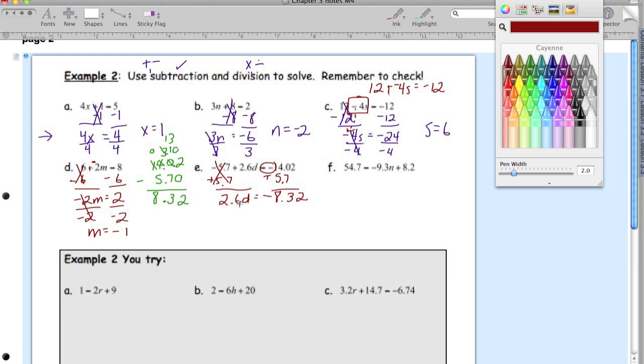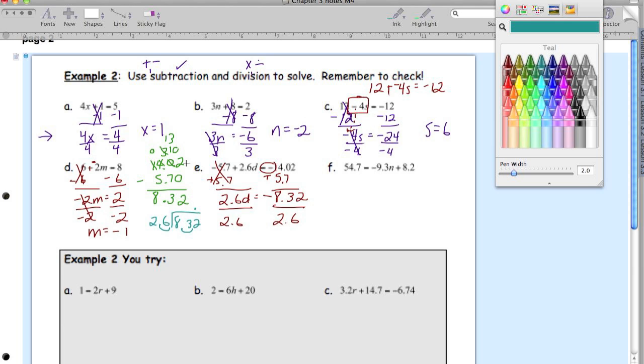Now these two numbers are being multiplied, so I do the inverse and I divide. Divide by 2.6, divide by 2.6, which I'm also going to have to do some scratch work for. So 8.32 divided by 2.6. If we have a decimal point outside, we need to move it 1 inside, and then accordingly on the inside. So 1 over, 1 over, and then it comes straight up. 26 into 83.